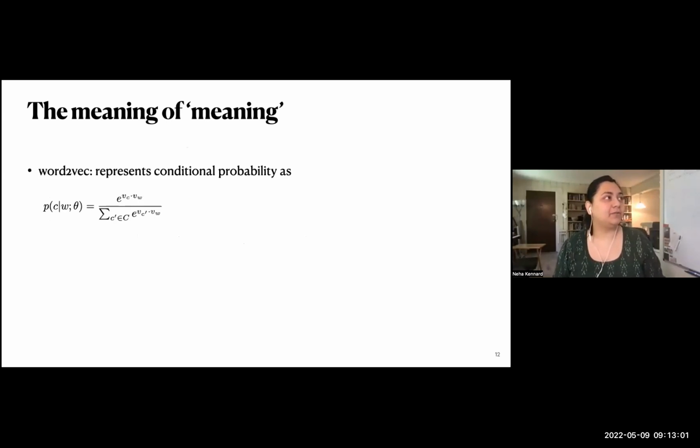In Word2vec, we represent the conditional probability of a particular context word given a focus word with this expression. The thing to note is that in the numerator, we have the exponential of a dot product between the context word's vector and the focus word's vector.